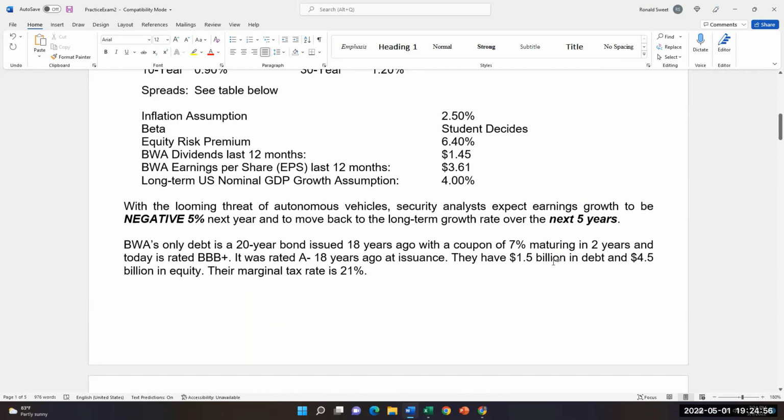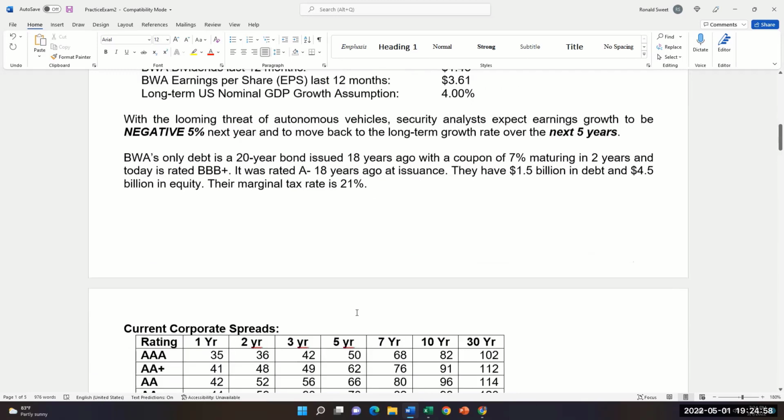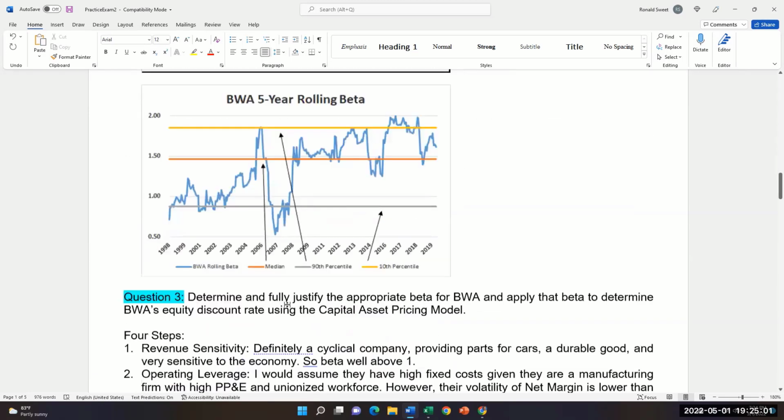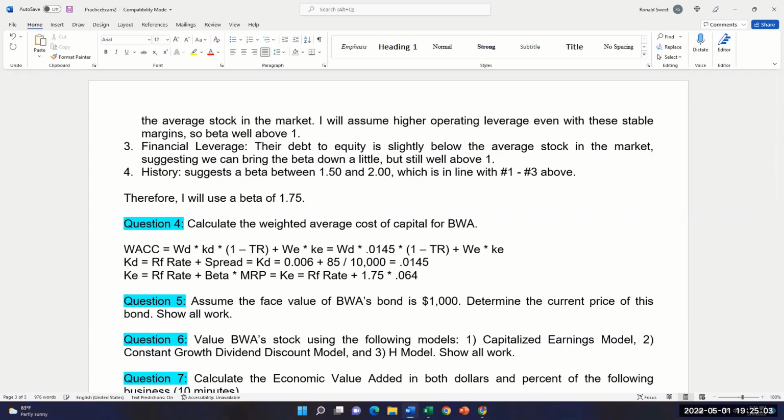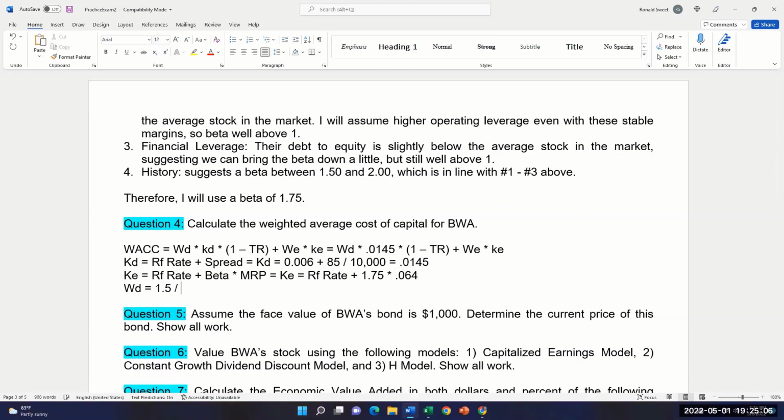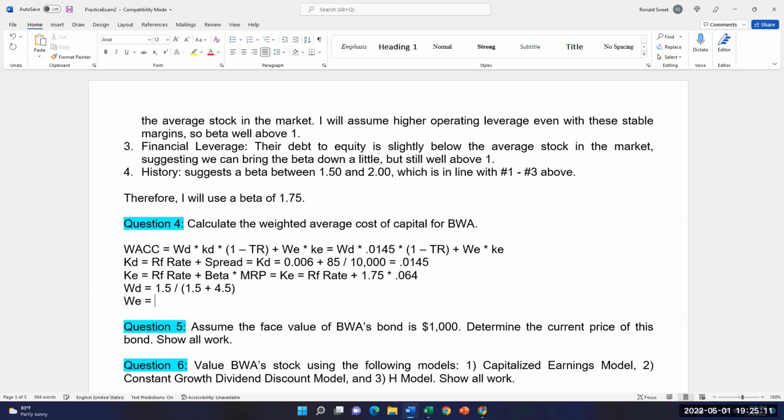They had 1.5 billion in debt and 4.5 in equity. So the weight of debt is going to equal 1.5 divided by 1.5 plus 4.5, and the weight of equity is equal to 1 minus the weight of debt. So that equals 25%, and that equals 75%. So we can put our weights in there: 0.25 and 0.75, again converting to decimals.